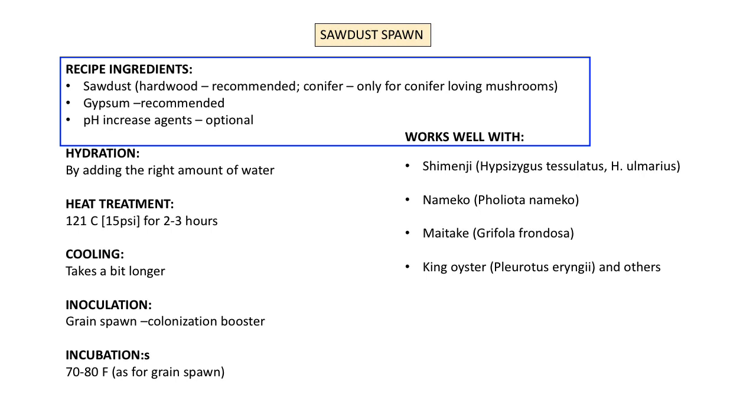First, you need to select your mushroom type. If you're going to use the spawn for growing some varieties of oyster mushrooms or reishi, and you have available conifer sawdust, then use it. Otherwise, use just hardwood sawdust like oak, poplar, alder, or some other kinds would work just fine.